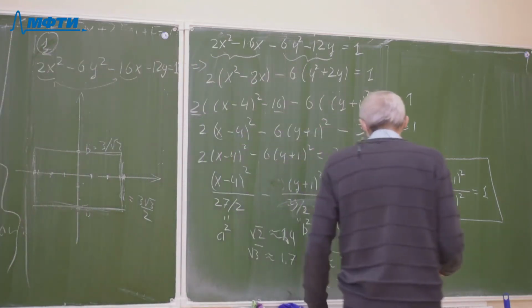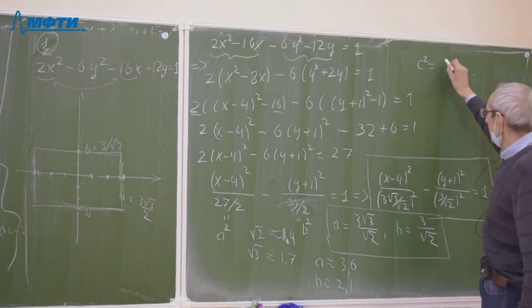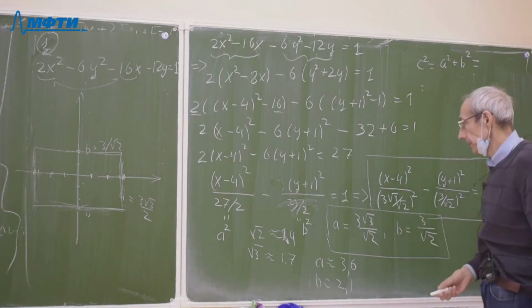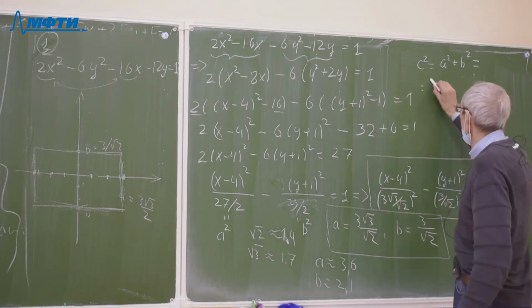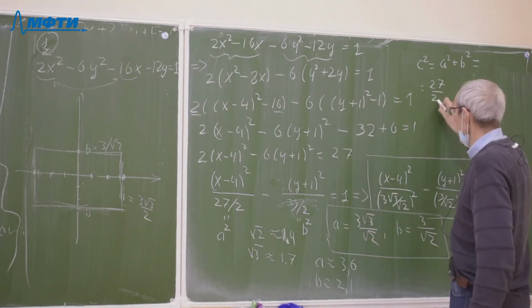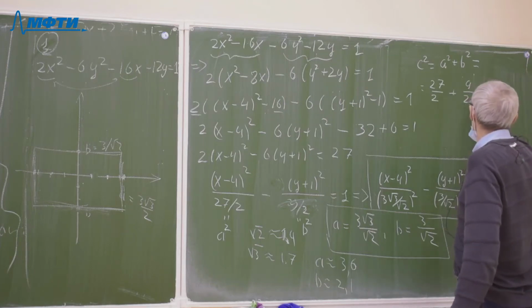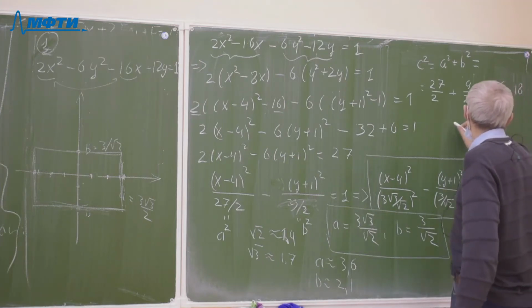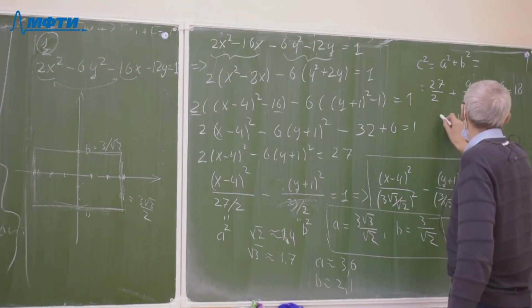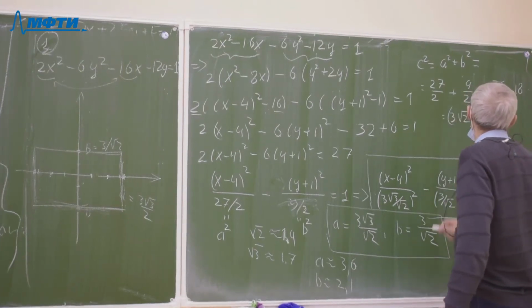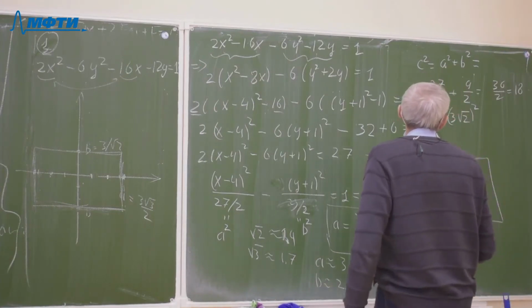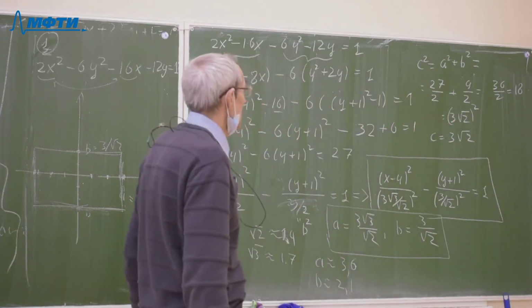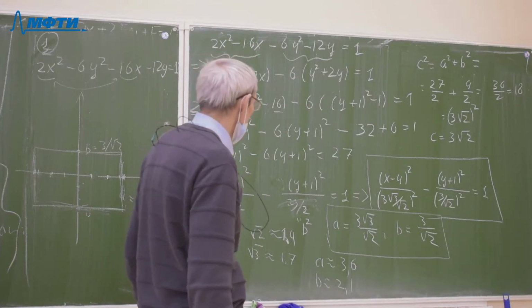We have that the sum a square and b square is c square, and c is equal 3 times root 2.